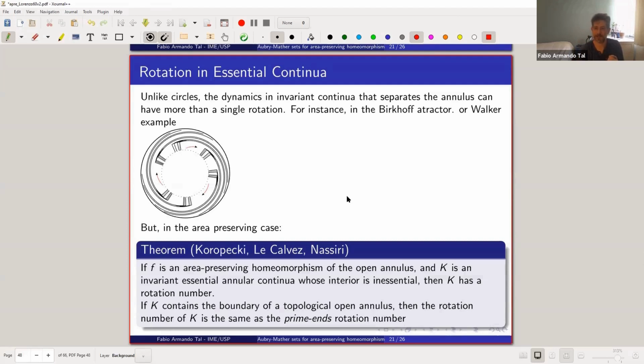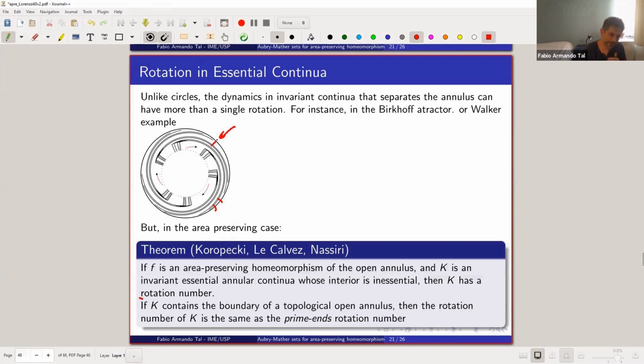This object cannot comprise at the same time different rotation vectors. Any dynamics which has this behavior in this sort of continuum needs to be dissipative in some sense. You're going to have something that is sent inside some region which is sent inside itself. It's going to be a wandering dynamics. It has wandering domains.